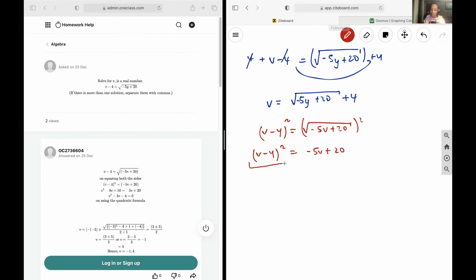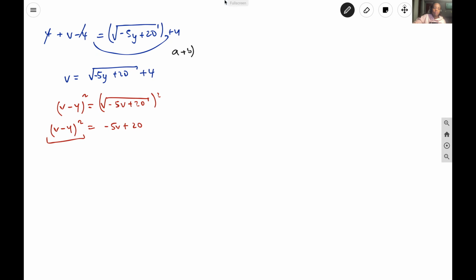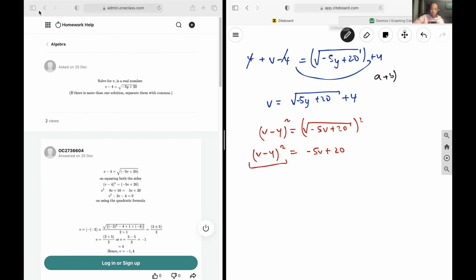Next, we want to expand this out. You just need to remember that x plus a squared is going to give us x squared plus 2ax plus a squared.